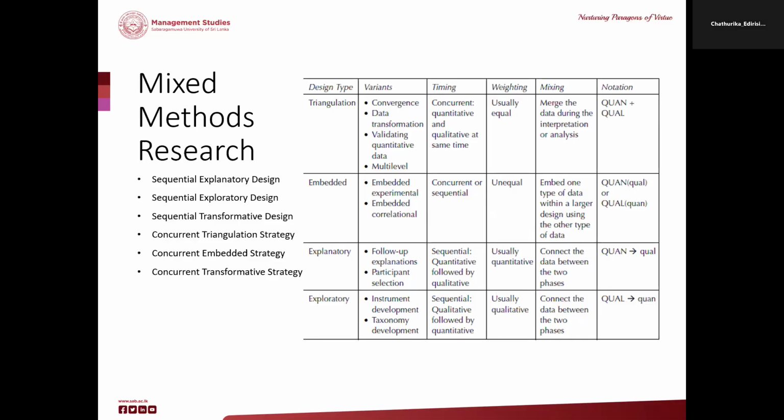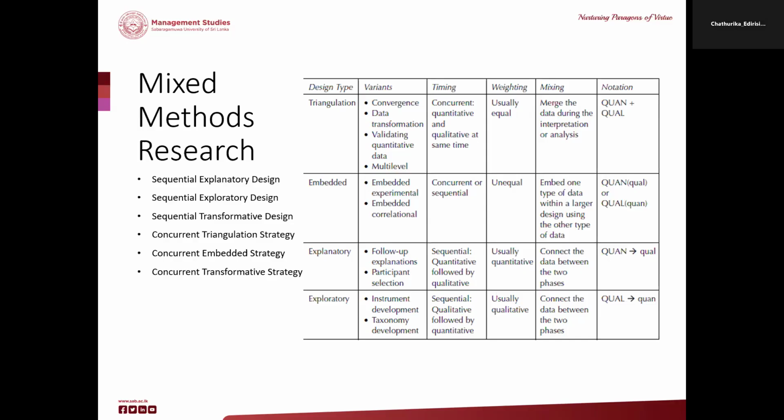Explanatory research, a synonym for explanatory research, is descriptive research or quantitative research. So in the sequential explanatory design, there is a sequence, but the explanatory part is given more weightage, or the explanatory part comes first.